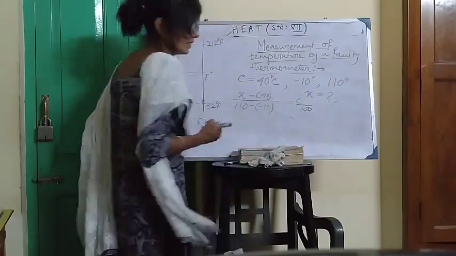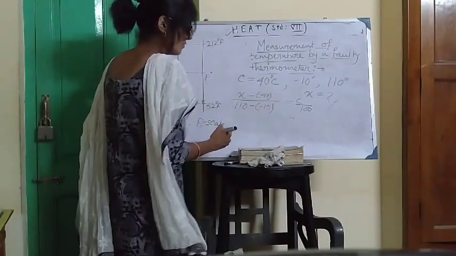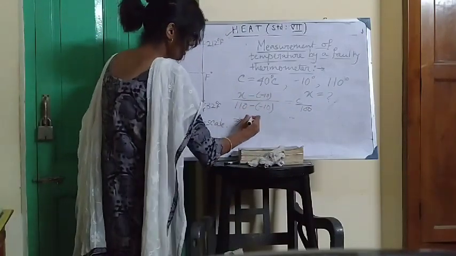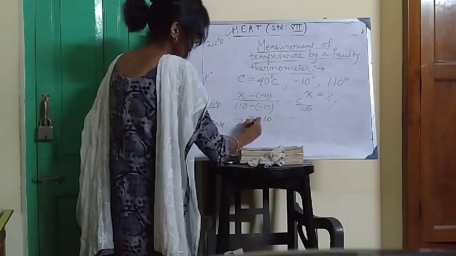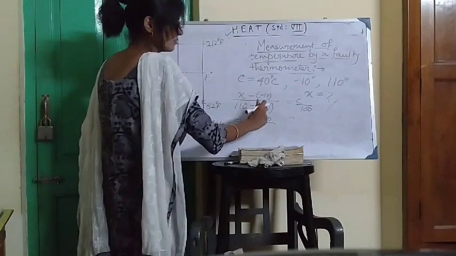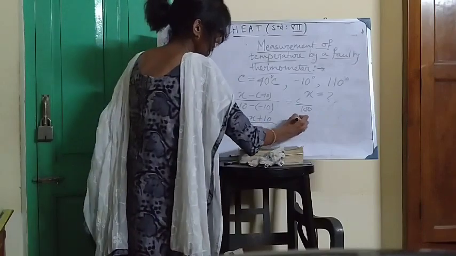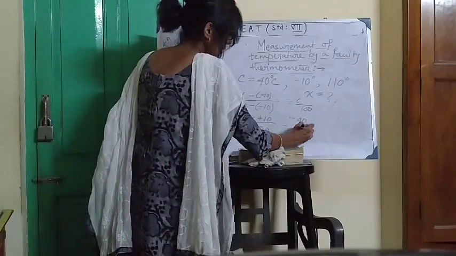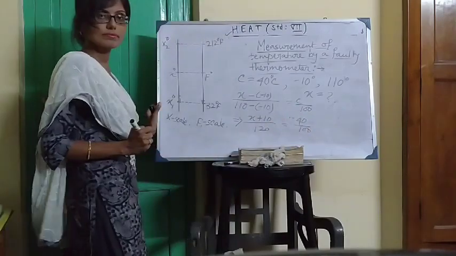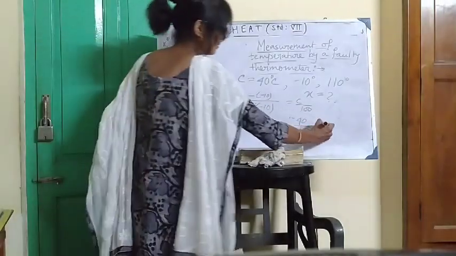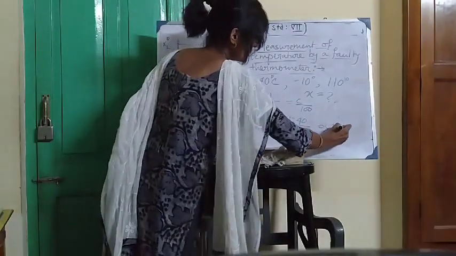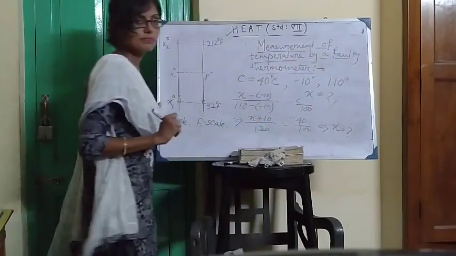So C by 100. Okay, C is given as 40. So X plus 10 divided by 110 minus of minus 10, which is 120, is equal to 40 by 100. From this equation, you can easily find the value of X.